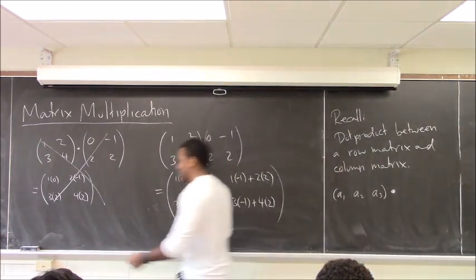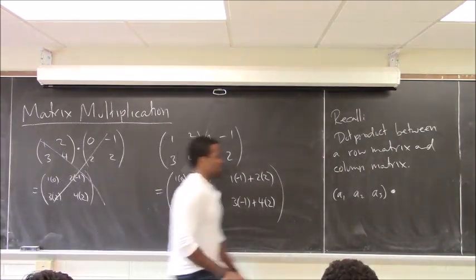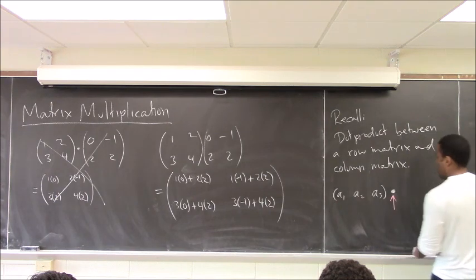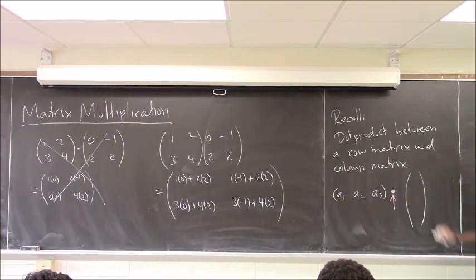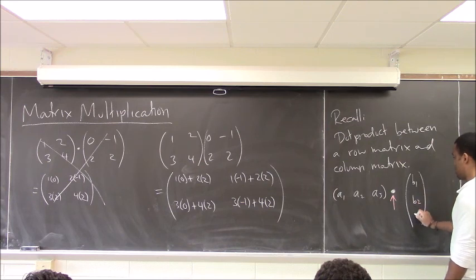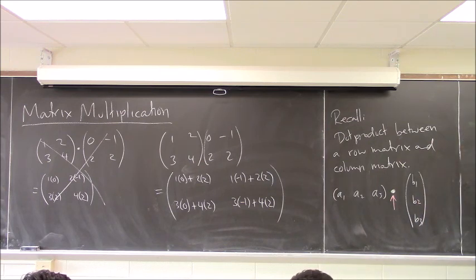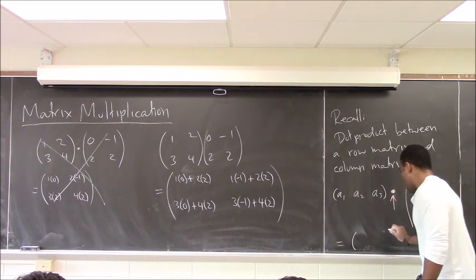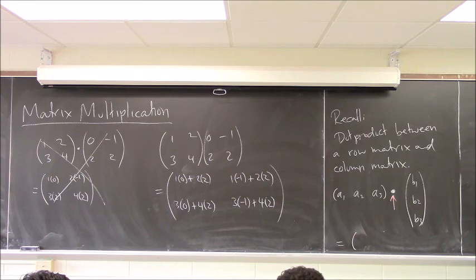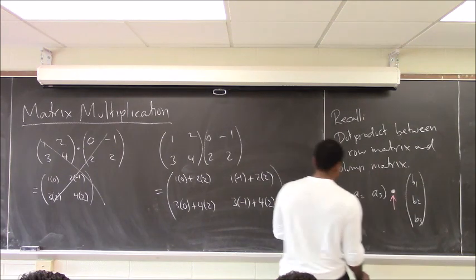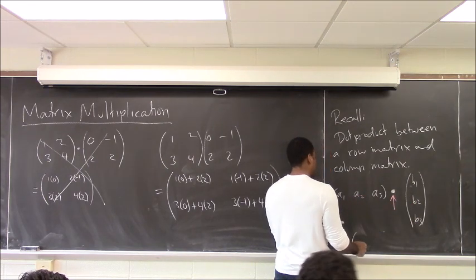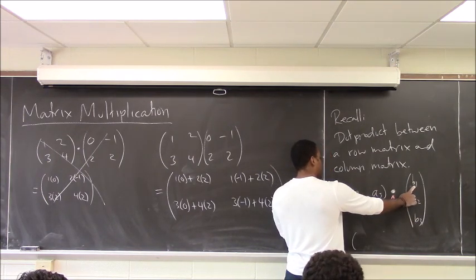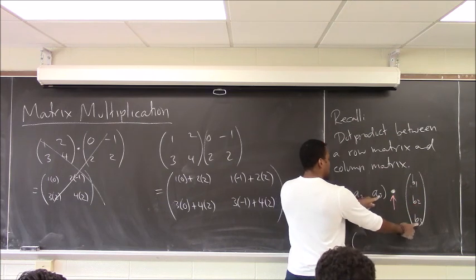This is called a dot product, with a column matrix, let's say a matrix that consists of one column, B1, B2, B3, and the result of that is going to be a 1 by 1 matrix that has the following formula. I'm going to take these guys multiplied together and add them together. So I'm going to take A1 times the B1 plus A2 times the B2 plus A3 times the B3.